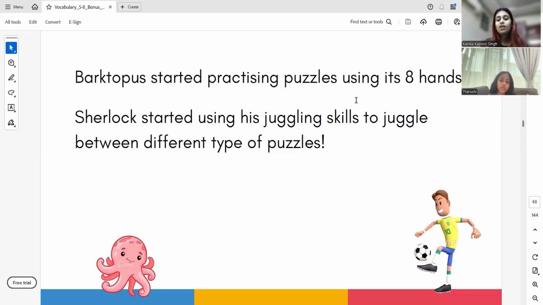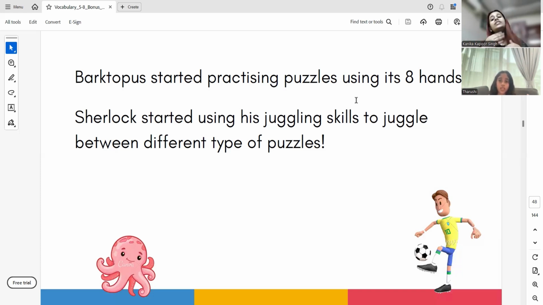Juggling? Do you know the meaning of juggling? Like when kicking the ball, when we kick and push something and again we are doing the same action, that is juggling. Juggling skills to juggle between different types of puzzles. So there were different types of puzzles. He was just trying, okay, with this I can figure it out, like Tharushi used to do with maths. Whenever there is a sum, you try to do it one way, but that way fails.